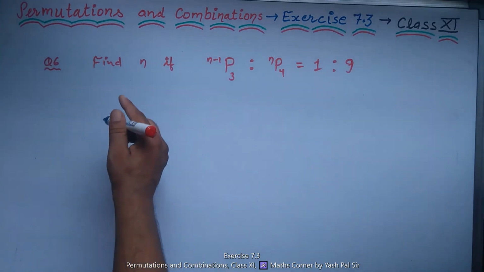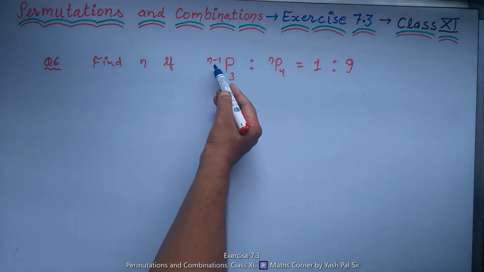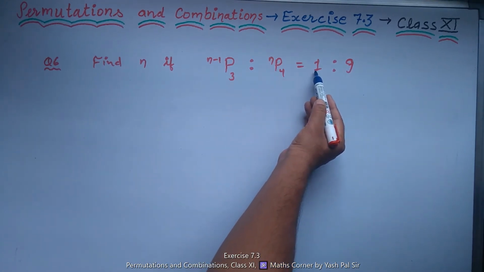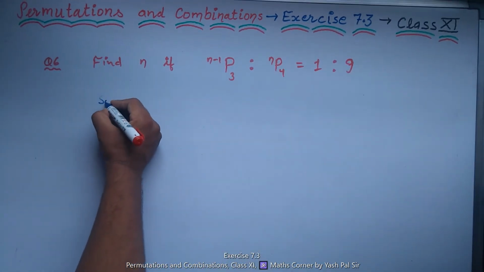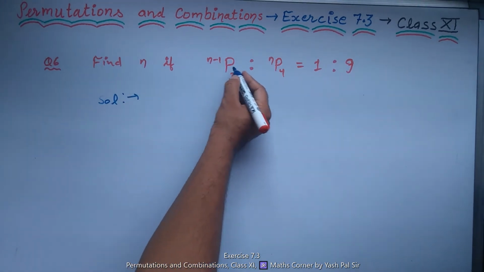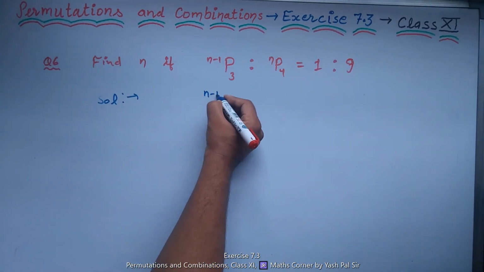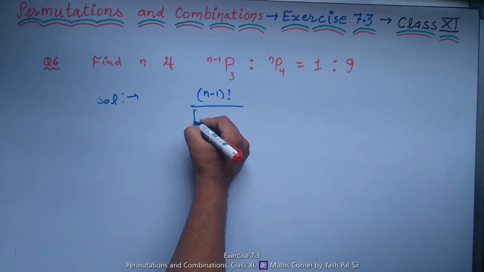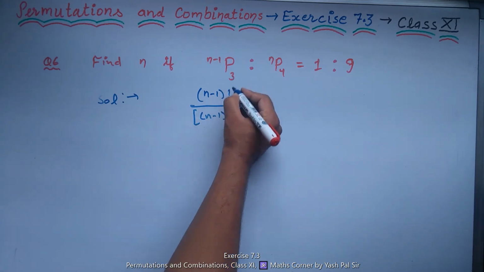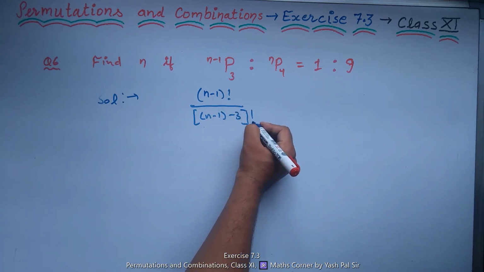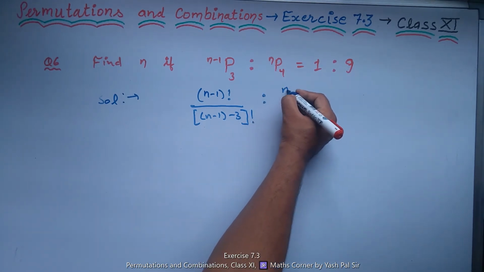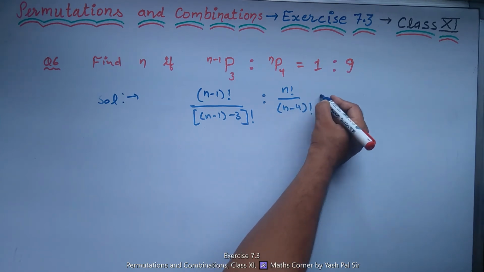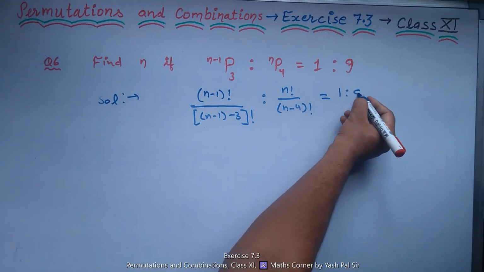Now coming to question number 6. Find n if (n minus 1)P3 ratio nP4 is equal to 1 ratio 9. We can write the left hand side as (n minus 1) factorial divided by (n minus 1 minus 3) factorial, ratio n factorial divided by (n minus 4) factorial, is equal to 1 ratio 9.